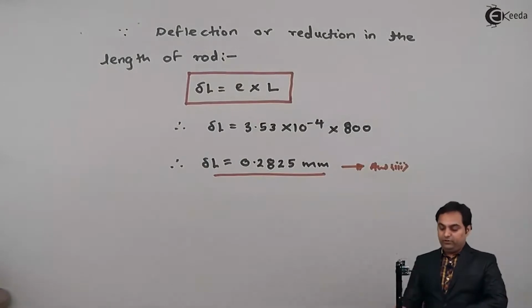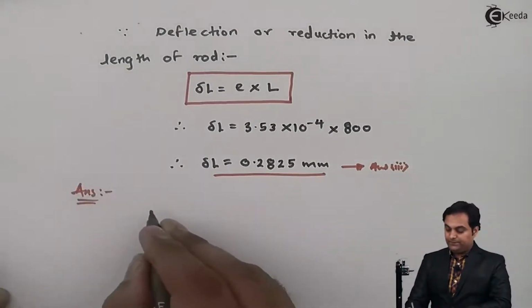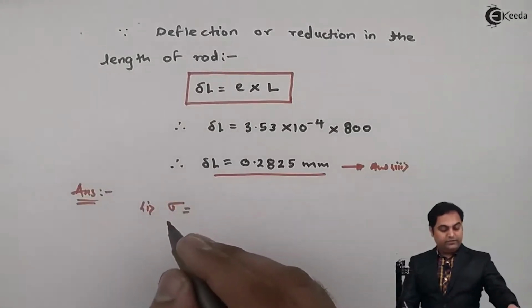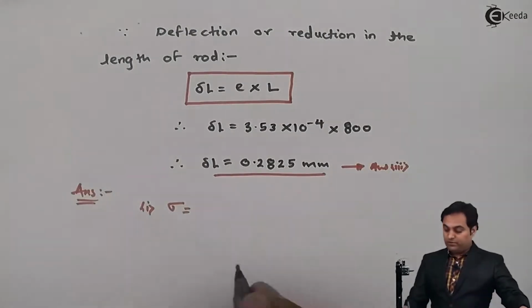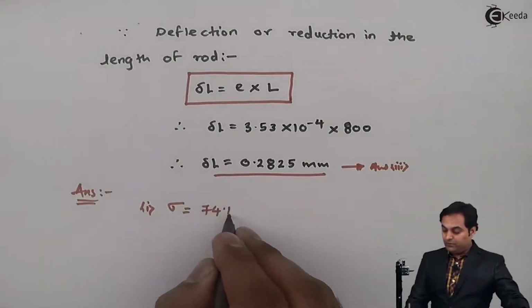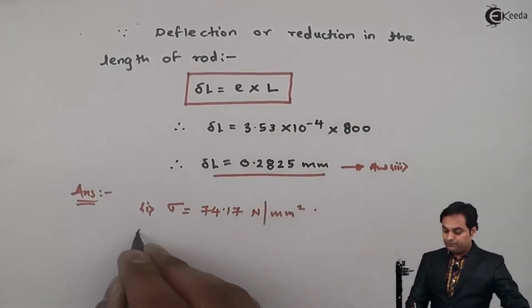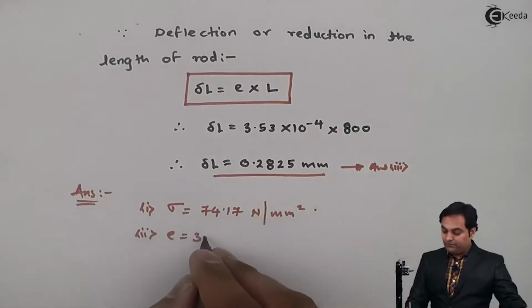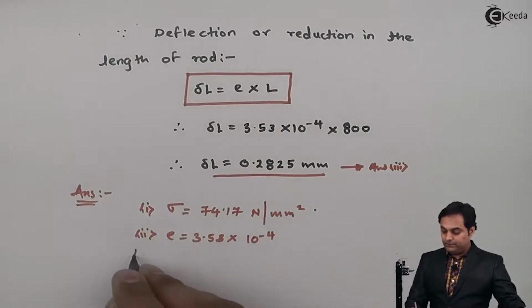So after finding all these answers, I can write it down that stress, we had calculated our answer number 1. It was 74.17 Newton per mm square. Strain, 3.53 into 10 raised to minus 4.